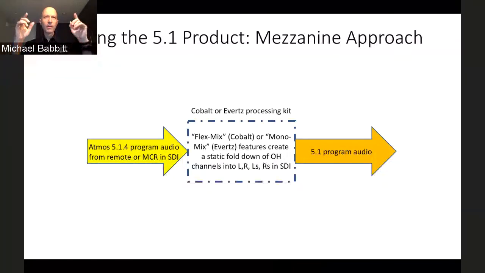So if you have left and right front overheads and left and right rear overheads, those would then be folded accordingly into the left front and right front, left surround and right surround channels. And the level can be adjusted.